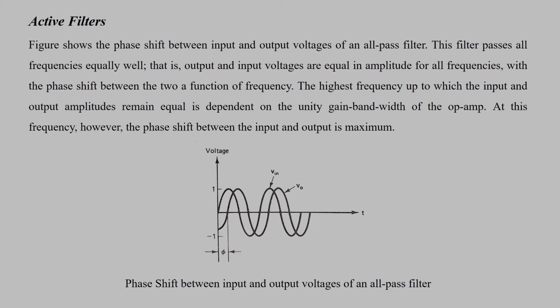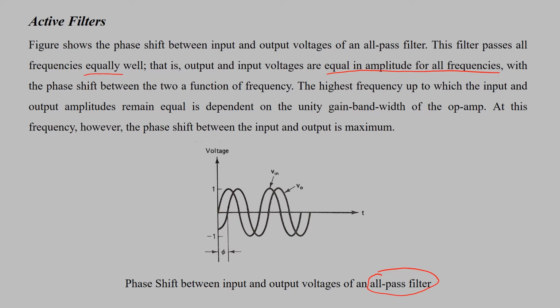The figure shows the response of an all pass filter. The filter passes all frequencies equally well, but the input and output voltages are equal in amplitude for all frequencies with a phase shift between the two.